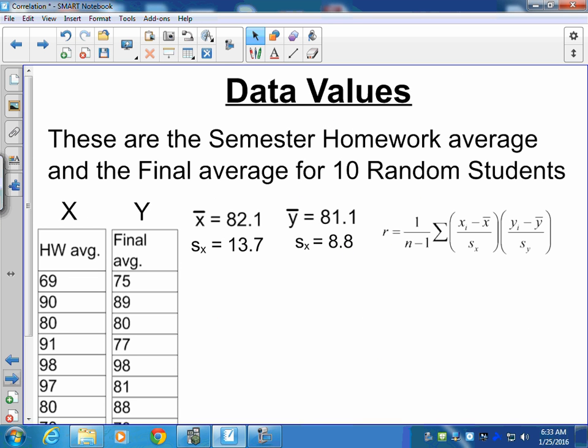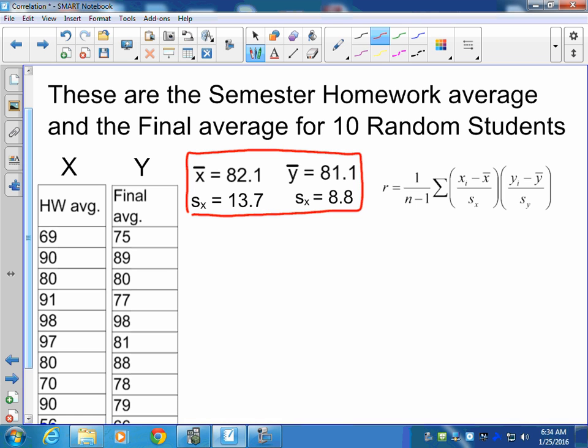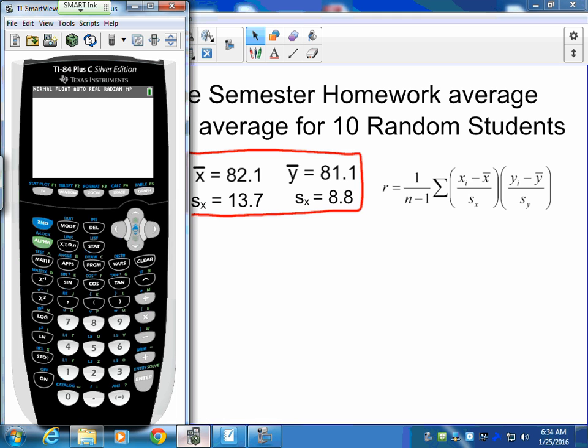These were the data values that we saw from our last unit, comparing students' homework average to their final average in a random sample. I already have the values up right now so that we can use those, but we want to review how we can get those values quickly.